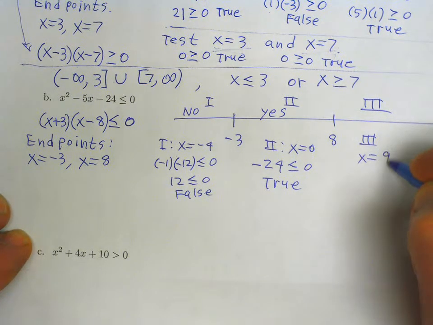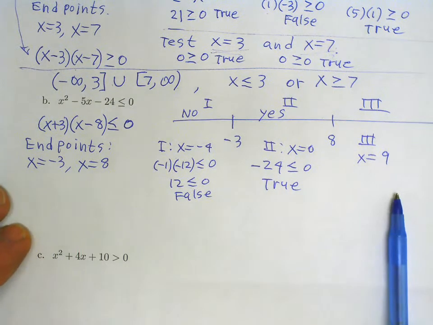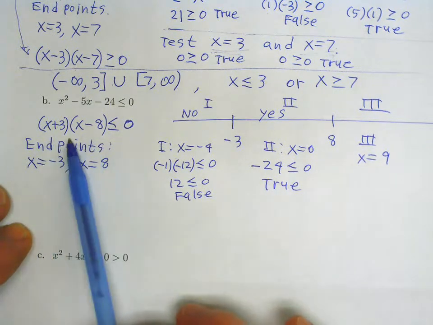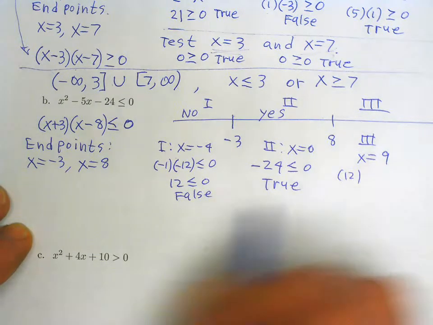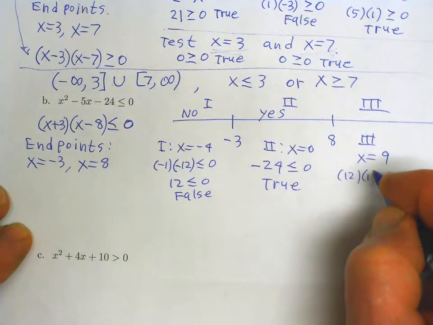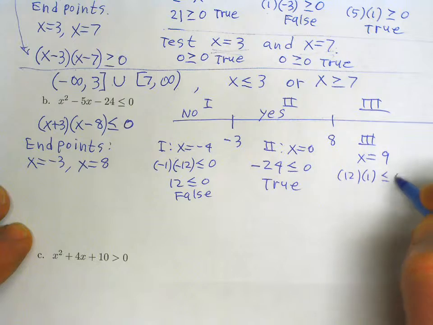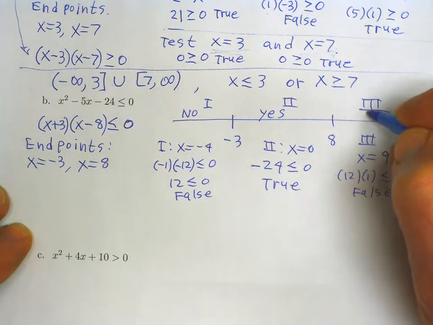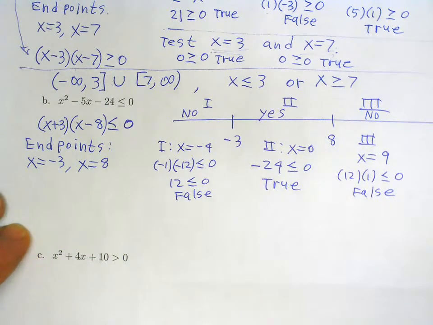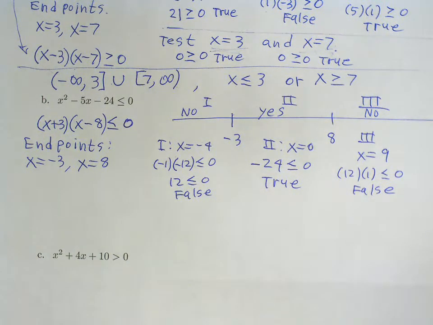So we can pick x to be 9. And then I'll use the factored form. 9 plus 3 is 12. 9 minus 8 is 1. 12 times 1 less than or equal to 0 is false. So none of the numbers from 8 to infinity are solutions.